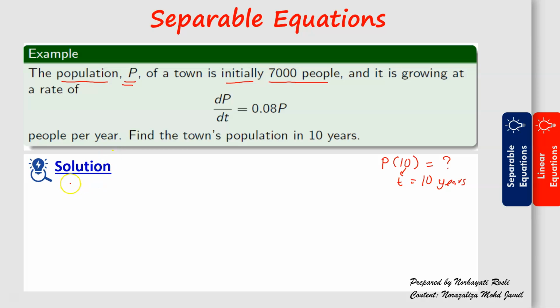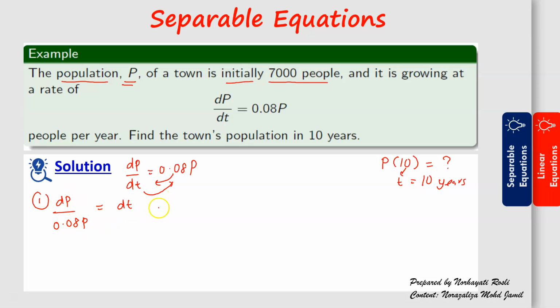How to solve this ODE? So class, we have dP/dt equal to 0.08 P. Now we use the separable method. We can move this to this side and dt to the other side. So for step number 1, I will have dP over 0.08 P equal to dt.